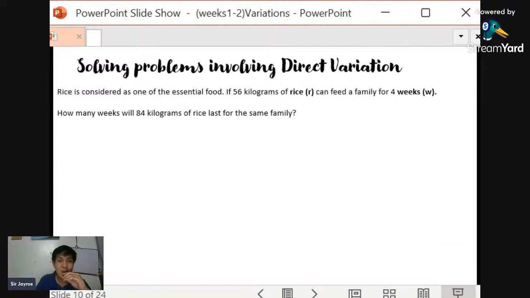Rice is considered as one of the essential foods. If 56 kilograms of rice can feed a family for 4 weeks, how many weeks will 84 kilograms of rice last for the same family? The first question here: what are the two variables mentioned?